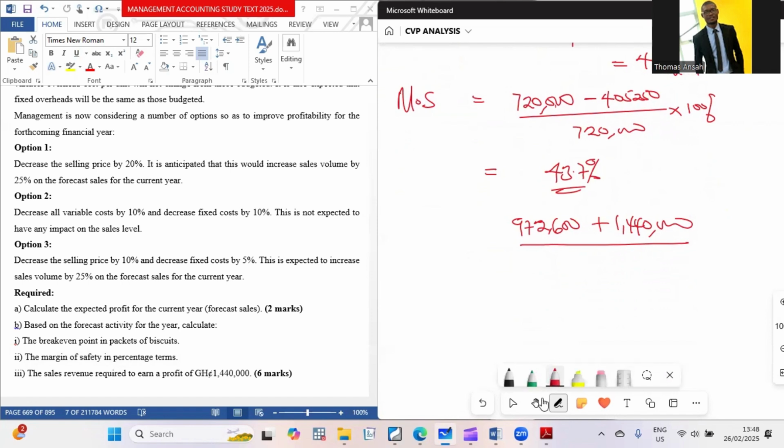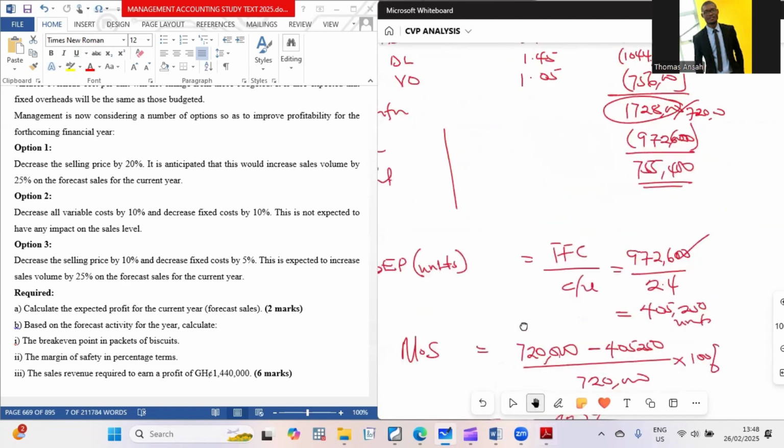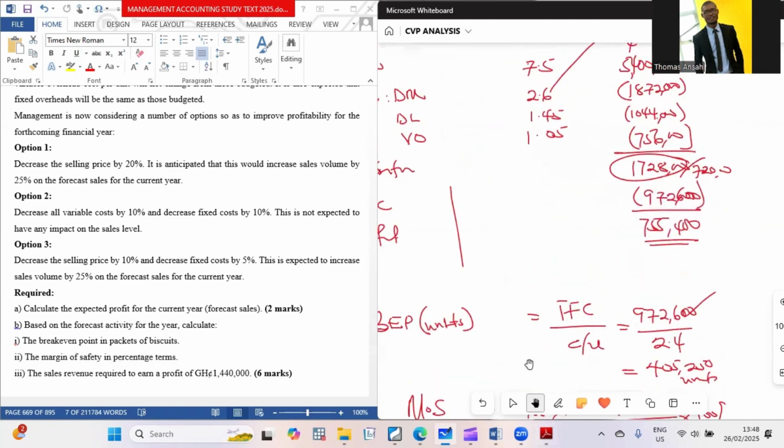Contribution sales ratio. What was our contribution per unit, which is 2.4, right? And the sales ratio will be what? If let's say 2.4, the sales was 5.4 for 720 per unit.